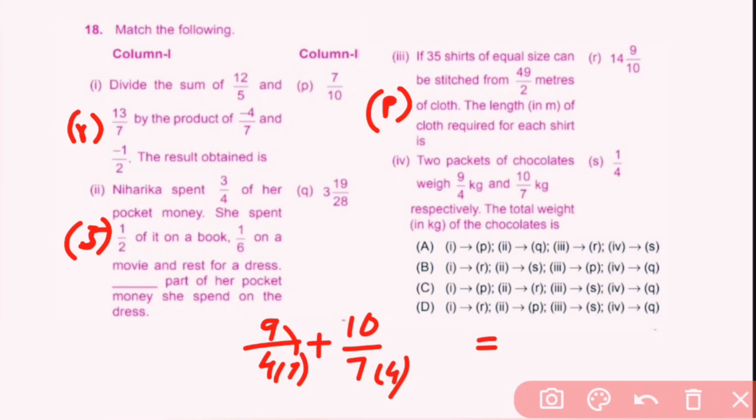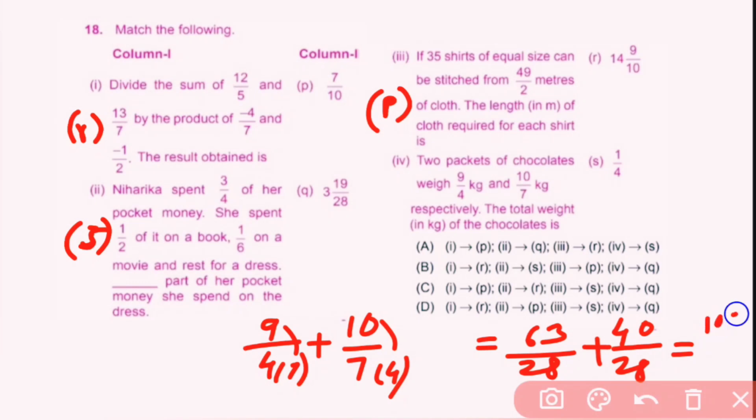So 9 into 7 is 63, 63 by 28 plus 4 into 10 is 40 by 28, and 63 plus 40 is 103 by 28. We convert it into a mixed fraction. 28 into 3 is 84. 84 plus 19 is 103. So for 4, Q is the correct answer. So here B is the correct answer.